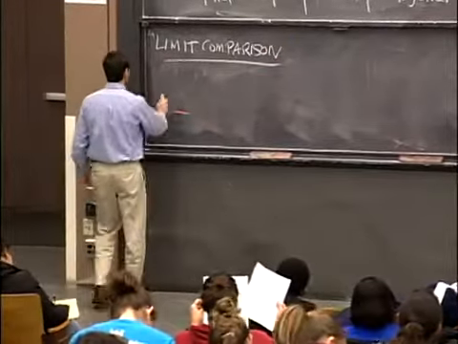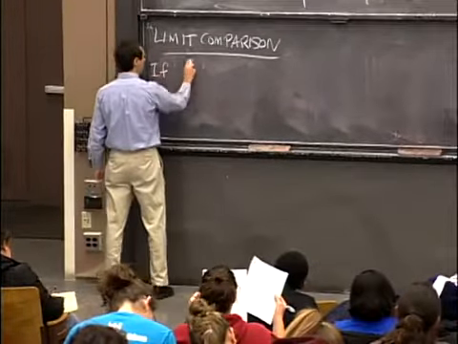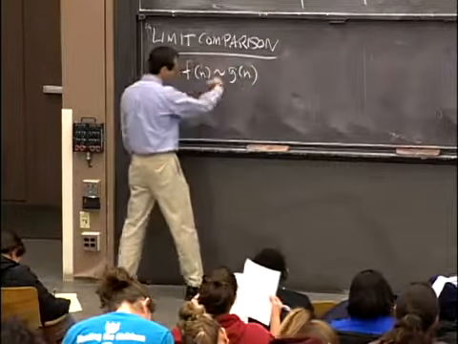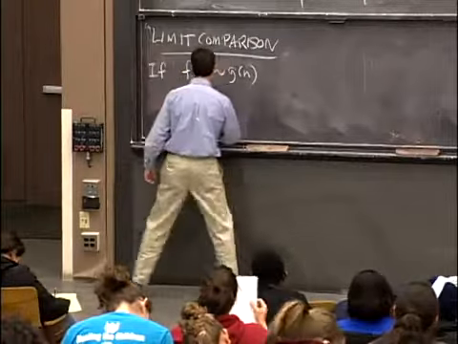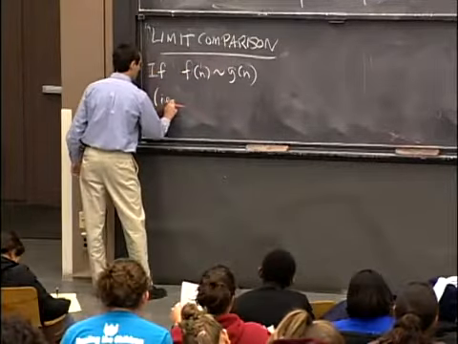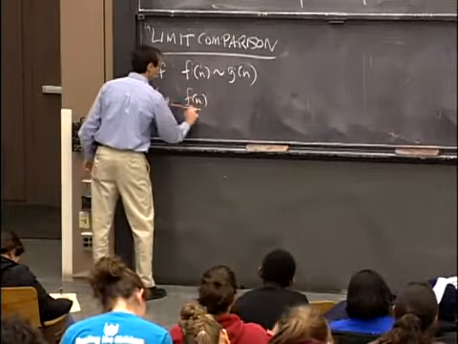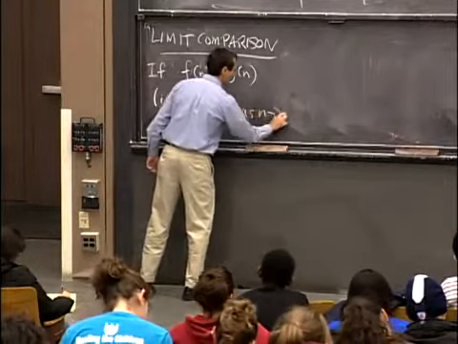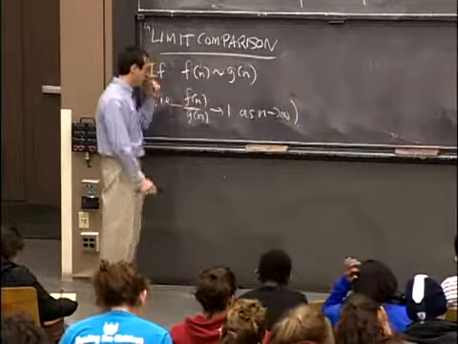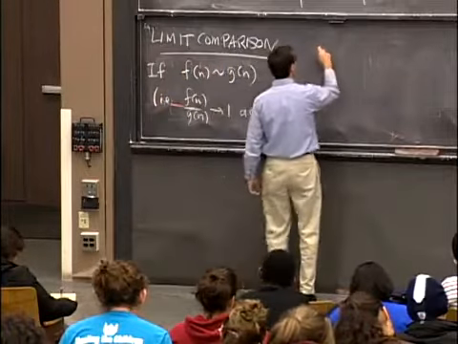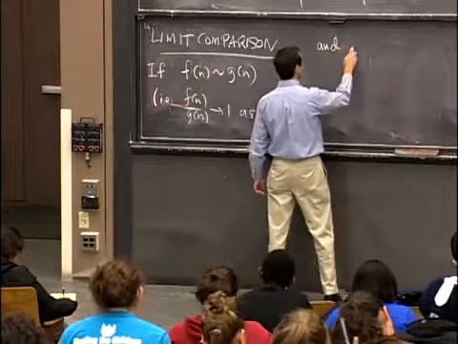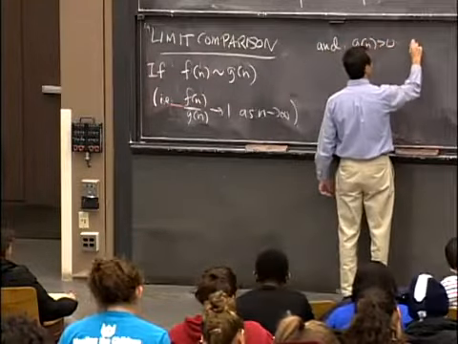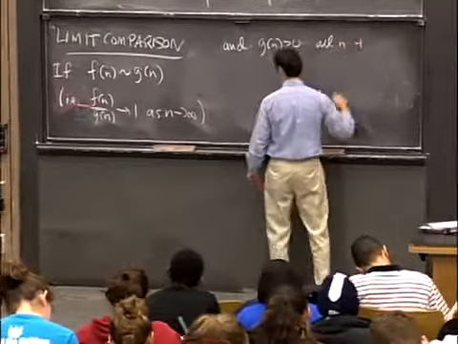The limit comparison says the following: if f of n is similar to g of n, we recall that that means f of n over g of n tends to 1 as n goes to infinity. And we're in the positive case, so let's just say g n is positive.